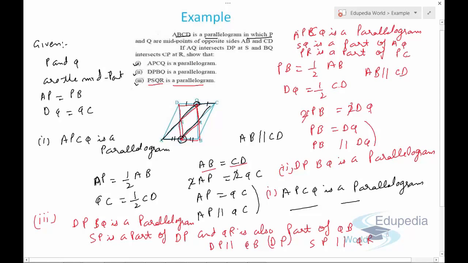If AQ is parallel to PC, then we can also say that SQ is parallel to PR. Let's write it over here. Now both pairs of opposite sides are parallel, so PSQR is a parallelogram. This is how we can prove these types of questions.